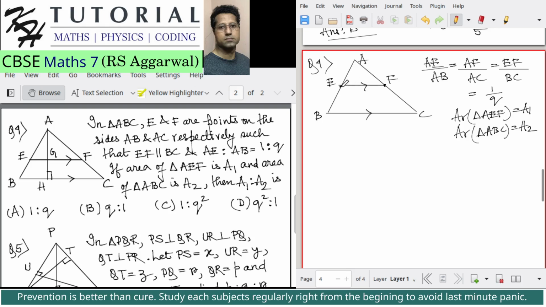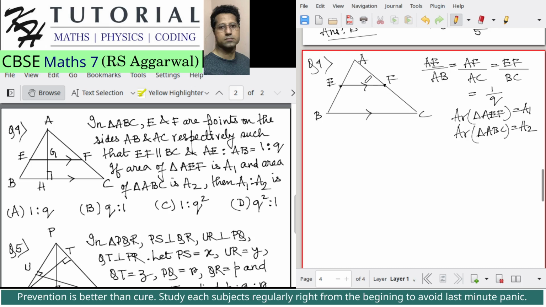Also note this concept very carefully. ABC is a triangle. If E and F are points on the sides AB and AC such that AE by AB is equal to AF by AC, then this will also mean that EF is parallel to BC.